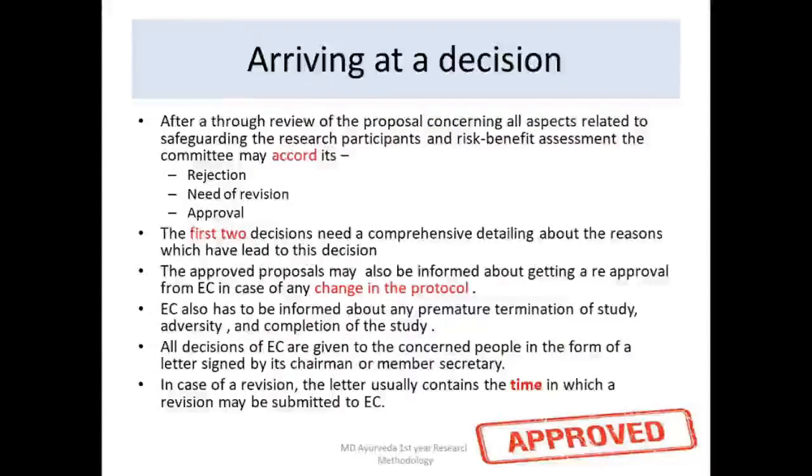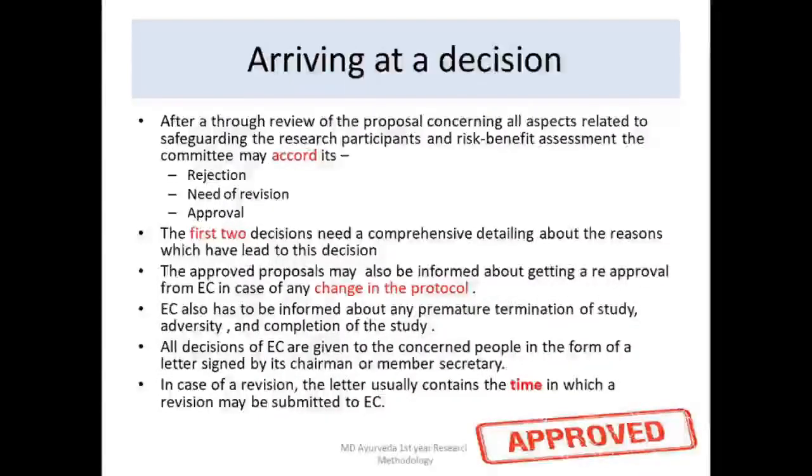Arriving at a decision. While the review of the proposals is on, after a thorough review of the proposal concerning all aspects related to safeguarding the research participants and risk-benefit assessment, the committee may accord its decision of either rejection, a need of revision, or approval.